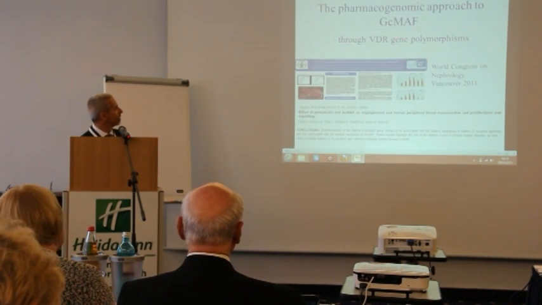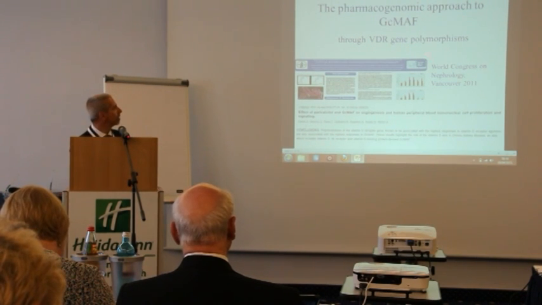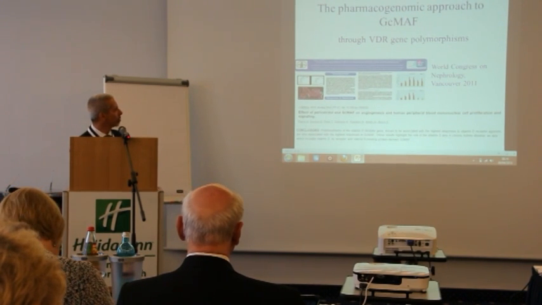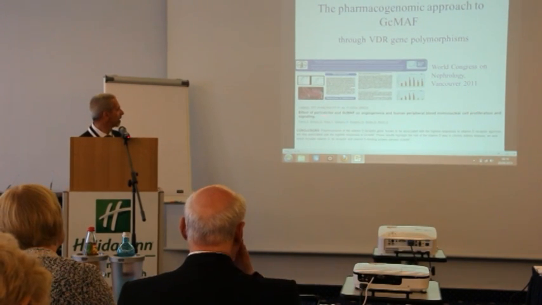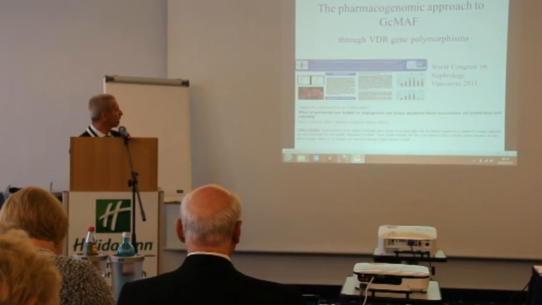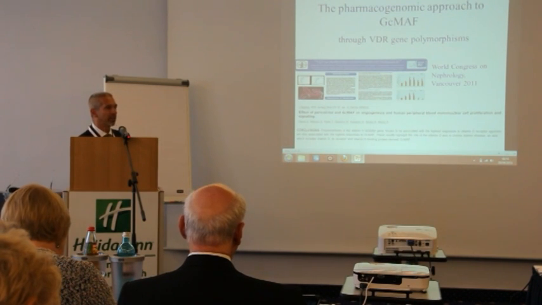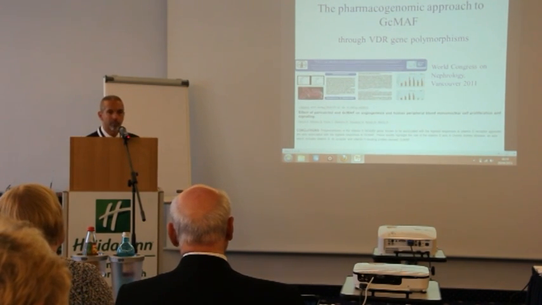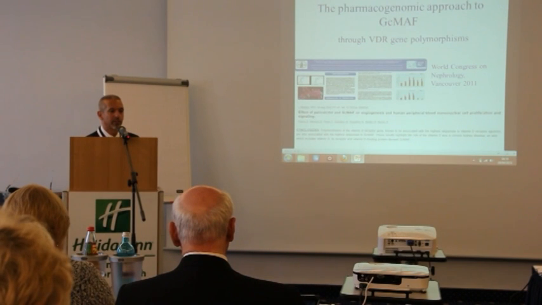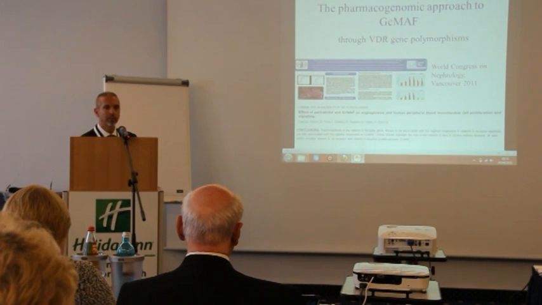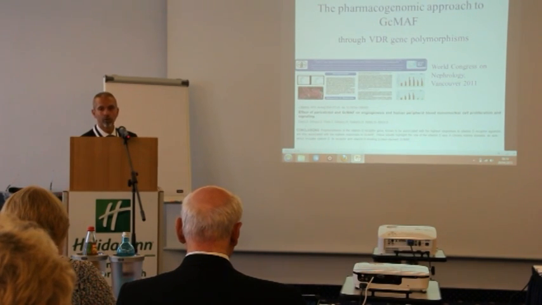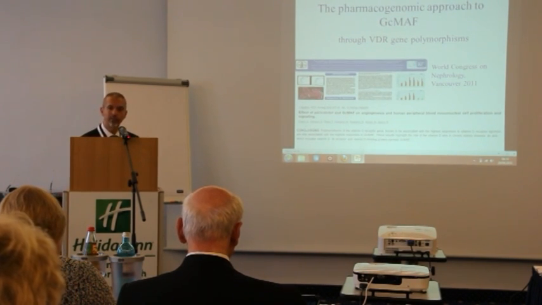Now, the determination of the VDR gene polymorphism will lead to the so-called pharmacogenomic approach to GcMAF. We presented these results at the World Congress of Nephrology in Vancouver in 2011, and we published the paper, as I said, in 2012, demonstrating that the assessment of the VDR polymorphism is a prerequisite to state whether a patient needs a certain amount of GcMAF, more, less, more frequently, less frequently.